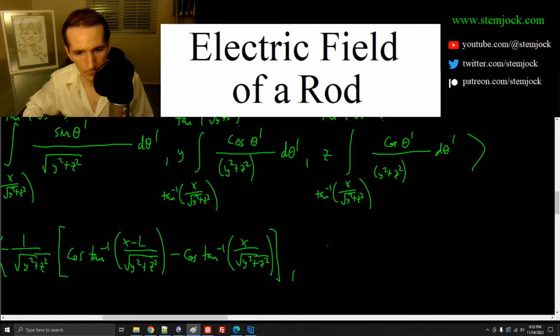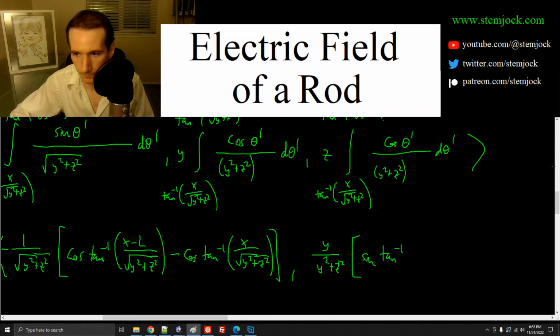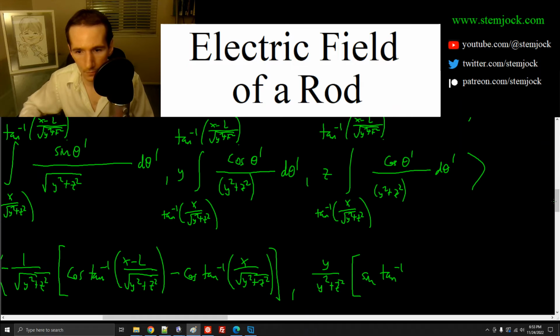And I'm going to have, let's see, this is going to be y over y squared plus z squared. And the antiderivative of cosine is just sine, so this is going to be sine of the inverse tangent of x minus L over square root y squared plus z squared.